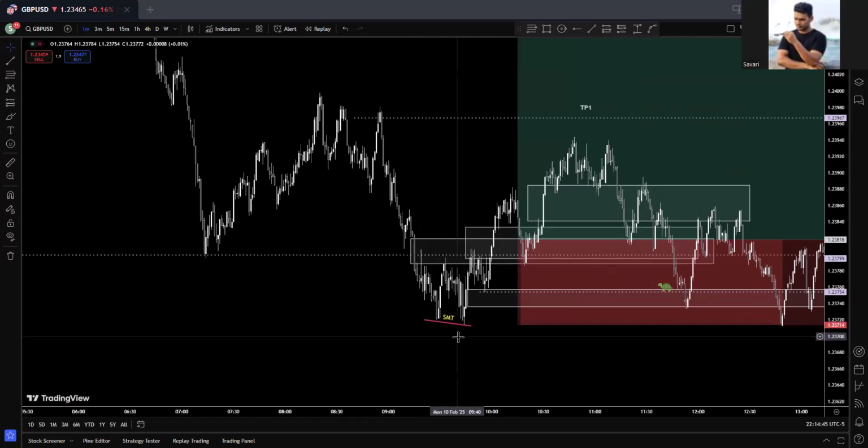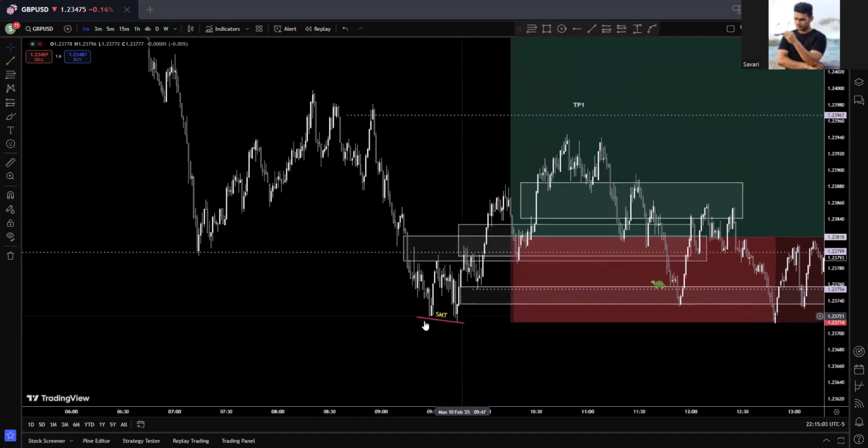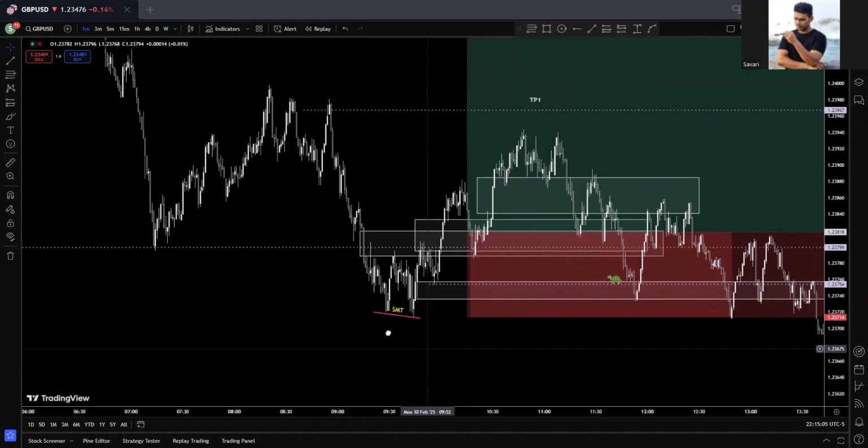I compare the EURUSD pair, which prints lower high, higher low. Here it prints higher high, lower low. So I take it as a confirmation for SMT.